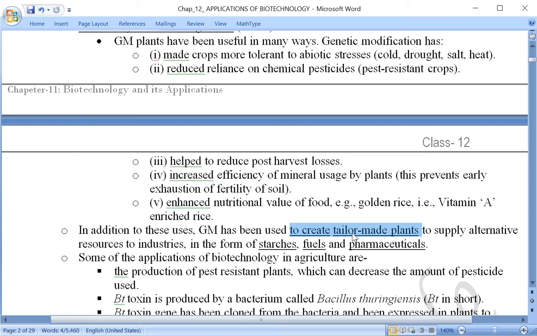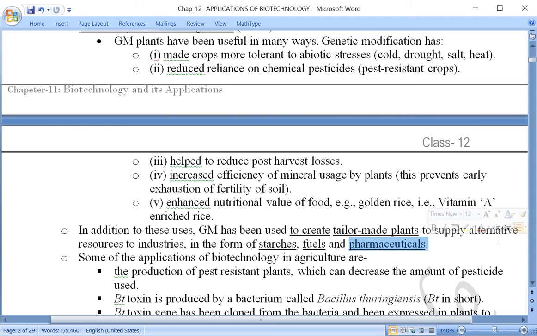Whatever character, whatever product we want to harvest from a plant, only that gene can be inserted, and we can get the supply of these resources which are made available to different industries, like for example starch, fuel, and also pharmaceuticals.